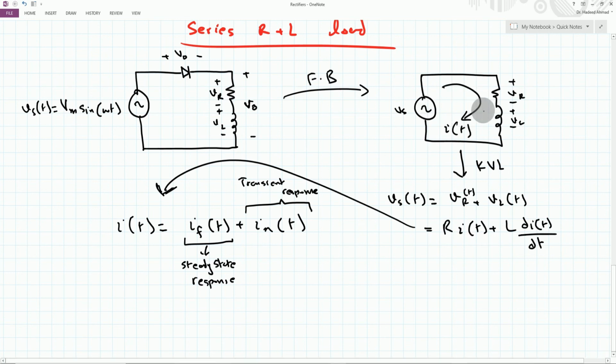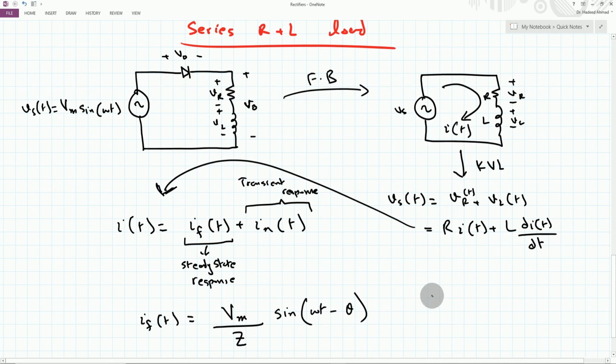So the forced response here is quite simple. If I want to calculate the final current flowing in this particular circuit, then i_f(t) is nothing but equal to the peak value Vm divided by the impedance Z offered by this RL load, and because we have an inductive load here, the current shall have some phase difference, which is represented by this theta.